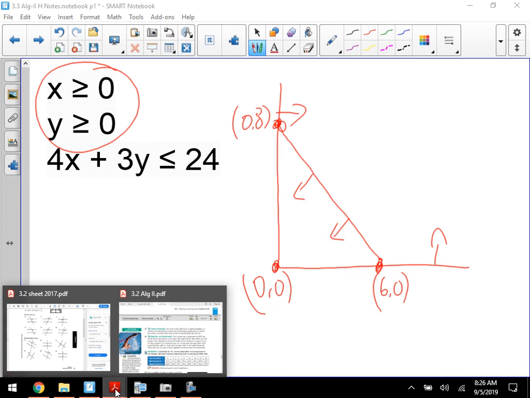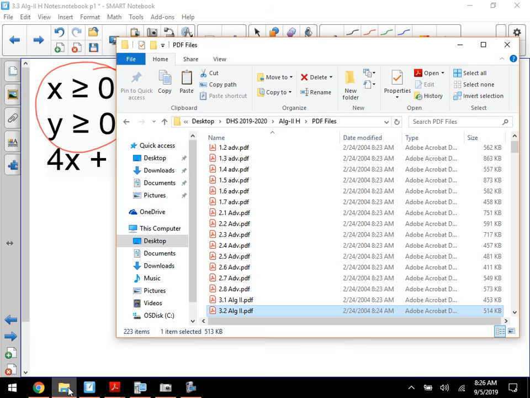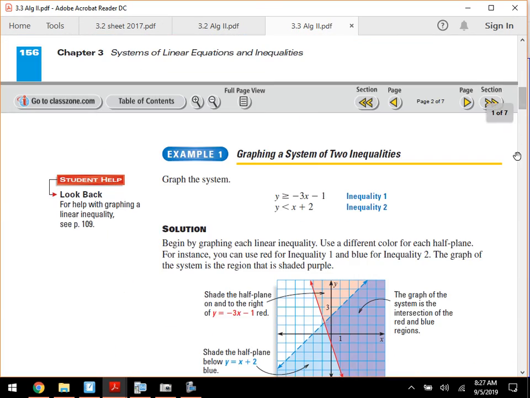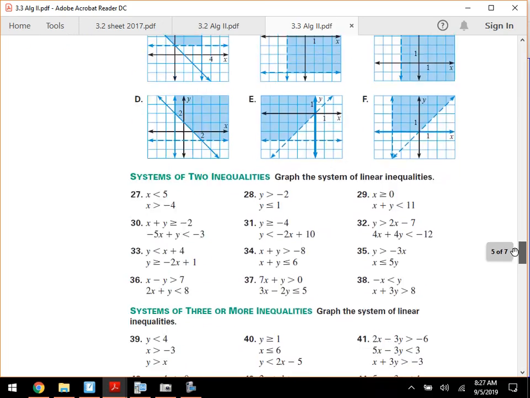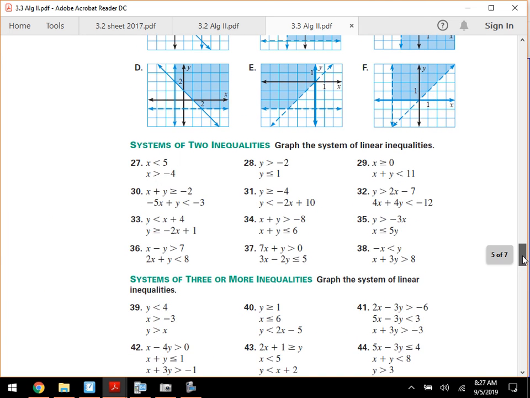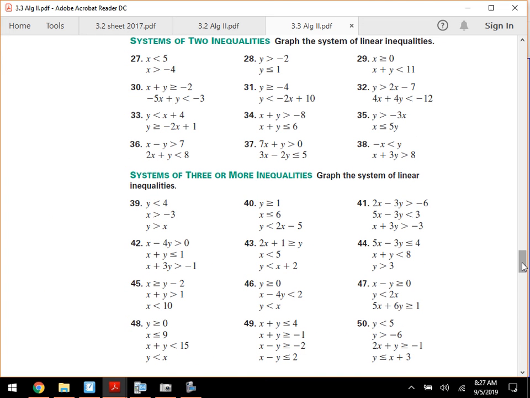Tonight, let's see here. 3.3, let me pull this up real quick. Skill check.